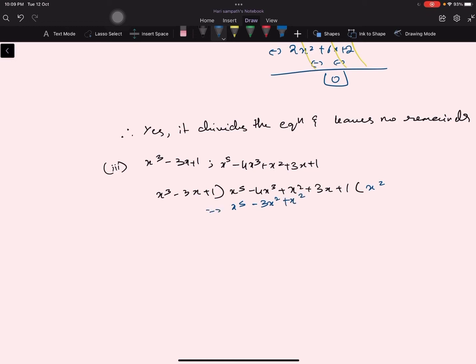So we're going to be subtracting them. These two cancel each other out and these two cancel each other out. What we are going to get is minus x cube, because this becomes positive and it is added to minus 4x. We get minus x cube plus 3x plus 1.